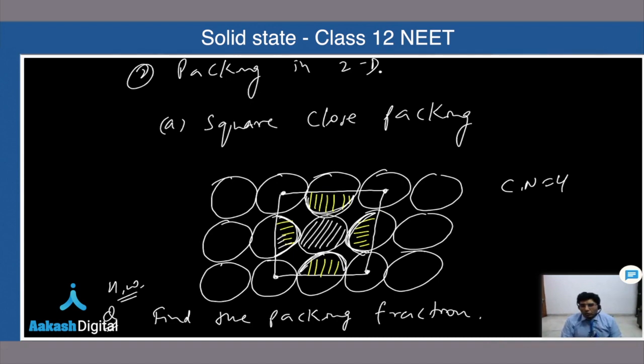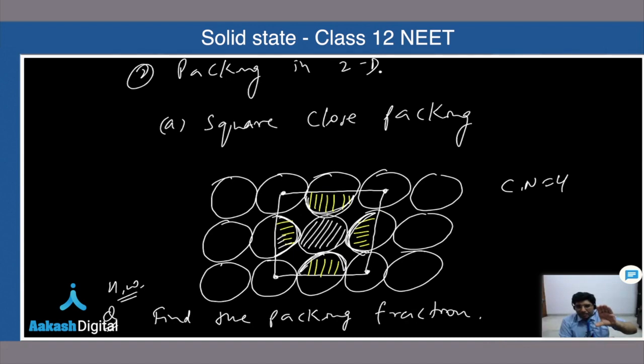This is the question for homework. How did we find the packing fraction in that case? In 3D, the total number of spheres, or you can say the volume of the spheres divided by the volume of the cube, in the unit cell.